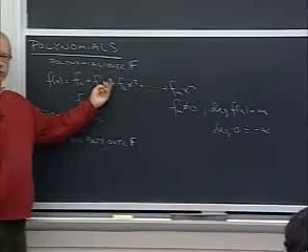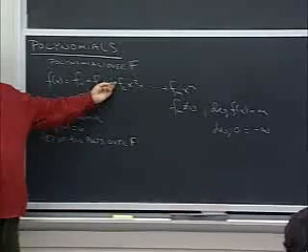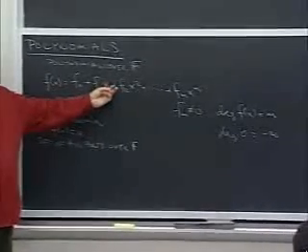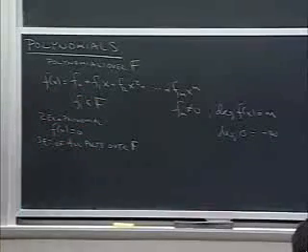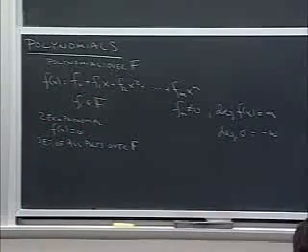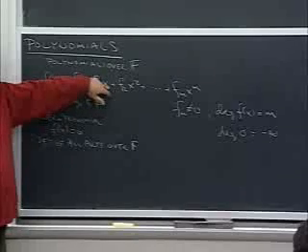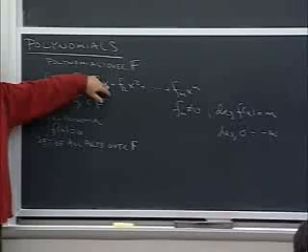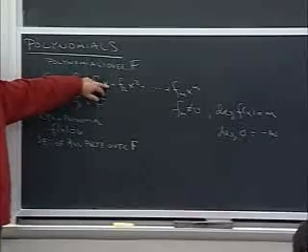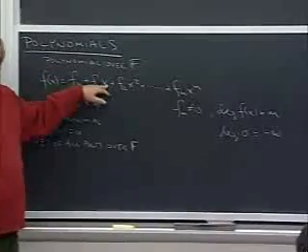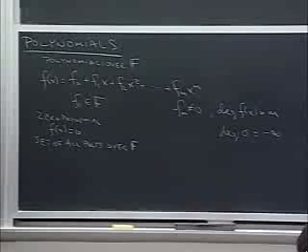What should I think of this as being? Is this an element of a field? Or is it something else? In math, it's usually called an indeterminate. It's just a placeholder. It's just something else we stick in order to define the polynomial. It doesn't have a value in principle.